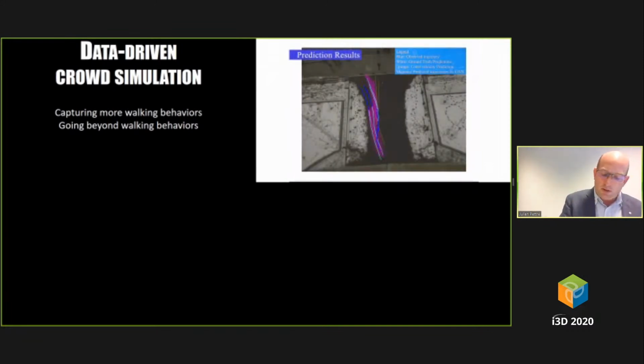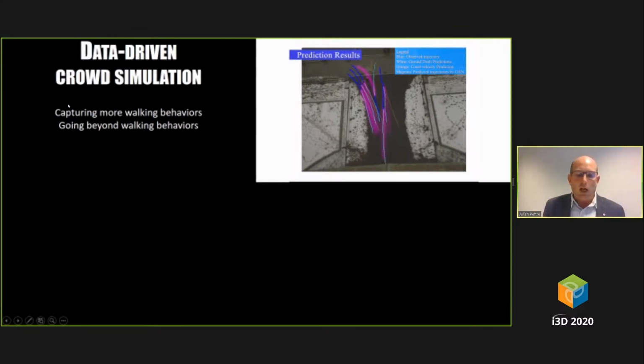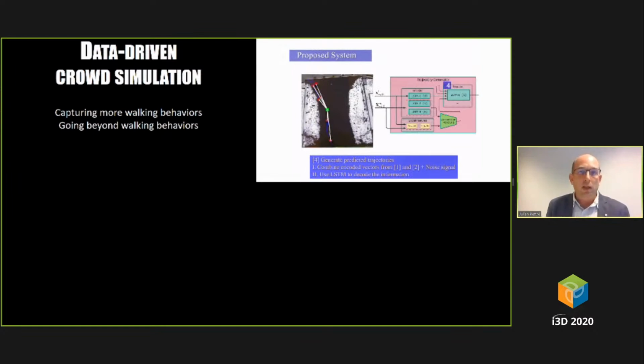Ming-Lin talked about this in her keynote last Monday, and we share this idea that data-driven crowd simulations are probably better than handcrafted crowd simulation models, typically the ones I went through up to now, because they can capture everything that is not captured by a handcrafted model, and they can go beyond walking behaviors only.